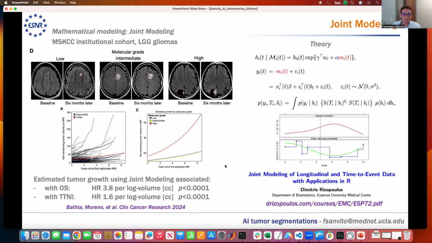And then I want to mention this very great article where they used an even more sophisticated statistical model to account for all the volumetric changes of all patients in the same model. It's called joint modeling, and they looked at how it was associated with patient outcomes such as overall survival. They could very robustly show that the growth rate of the tumors with this very refined method was strictly associated with overall survival and time to next intervention in low-grade gliomas.